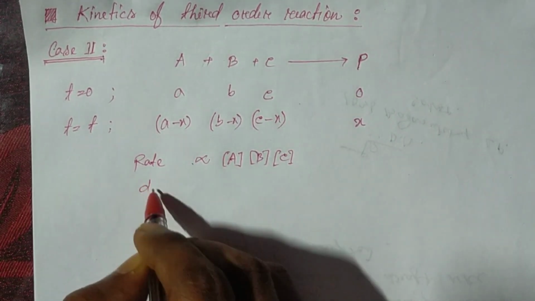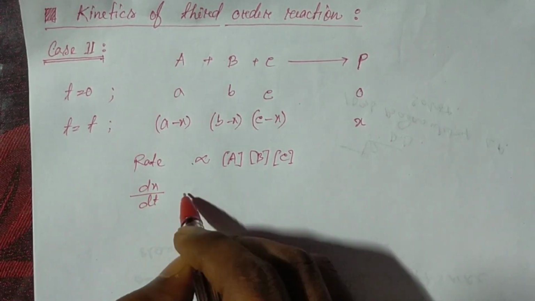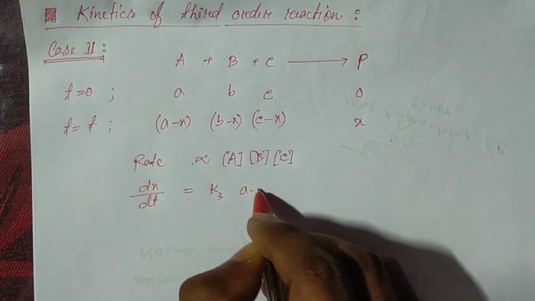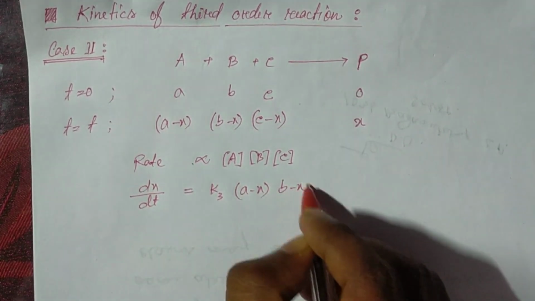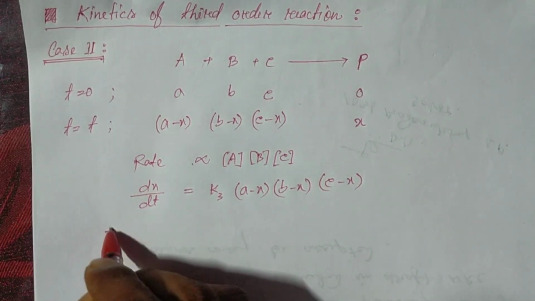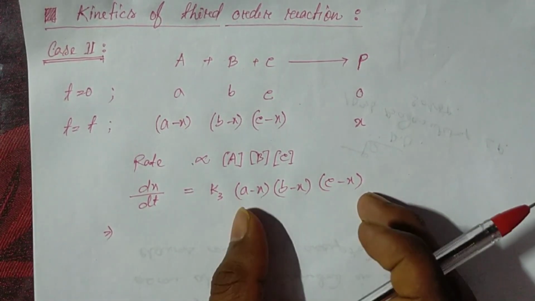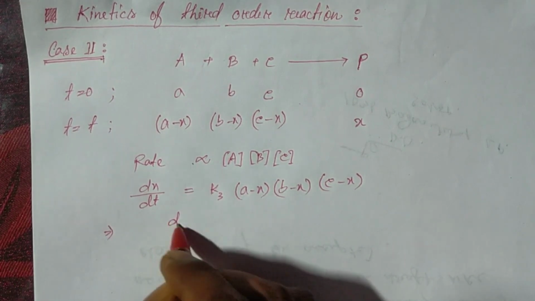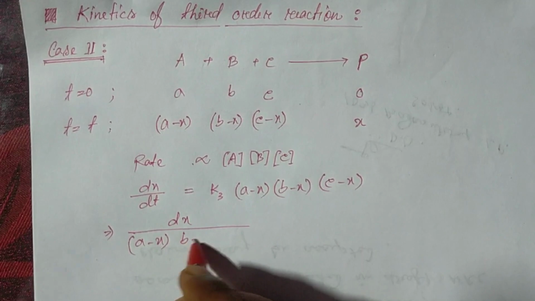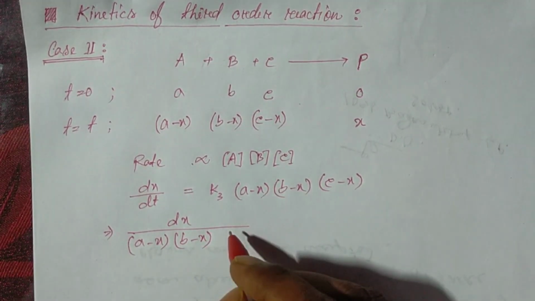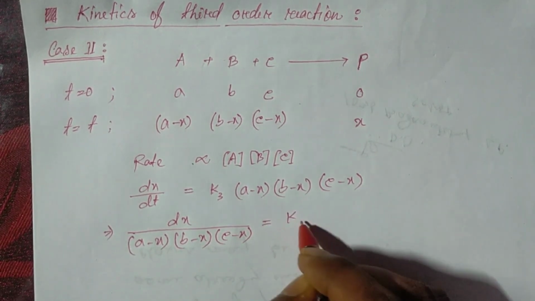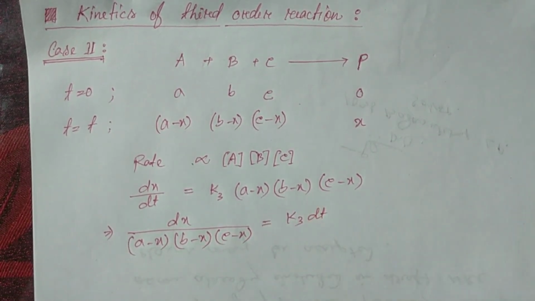So we can write dx by dt is equal to K3 (A minus x)(B minus x)(C minus x). Okay, we can bring this part here, so we get dx over (A minus x)(B minus x)(C minus x) equals K3 dt.